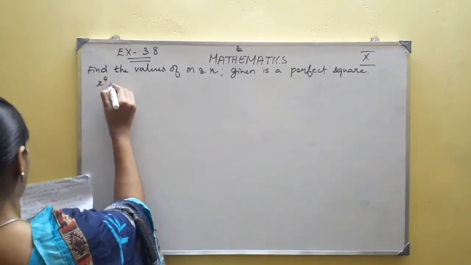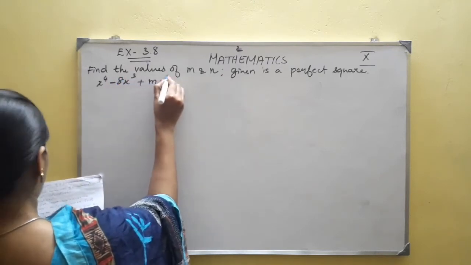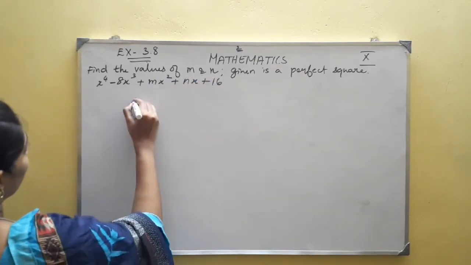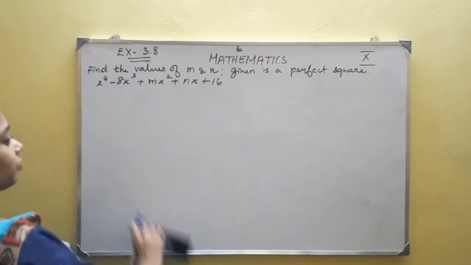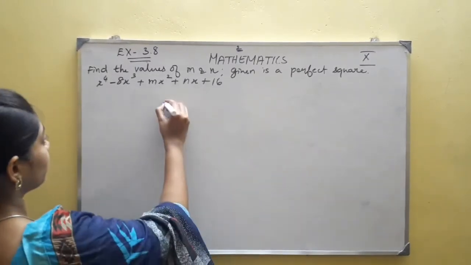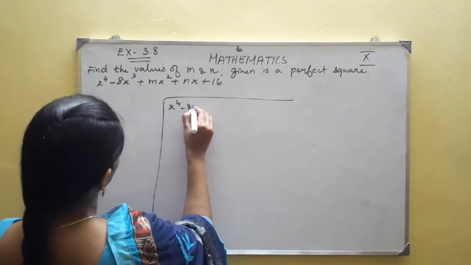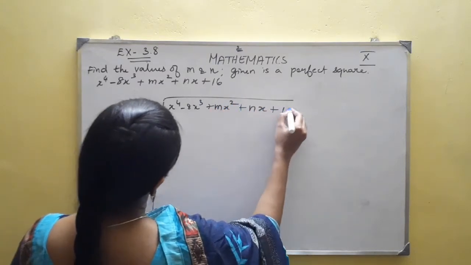The polynomial is x power 4 minus 8x cube plus mx square plus nx plus 16. So now consider this polynomial: x power 4 minus 8x cube plus mx square plus nx plus 16.